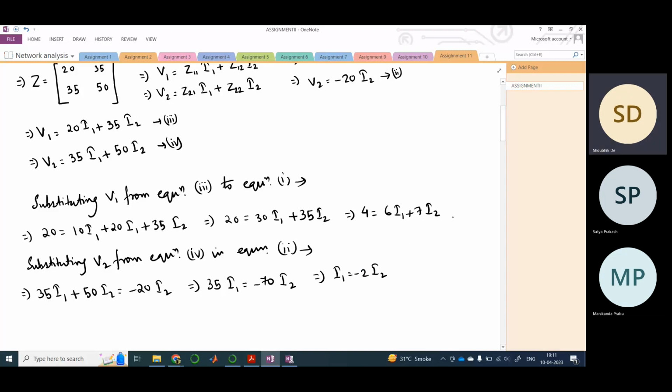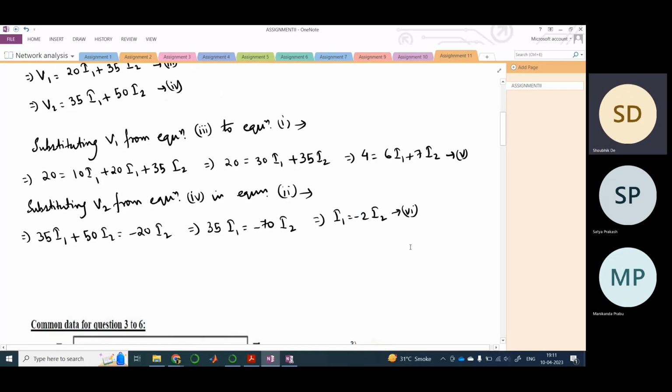And now again we have a lot of equations actually. So let us call this 5 and 6. Now a simple substitution of I1 from 6 in 5.